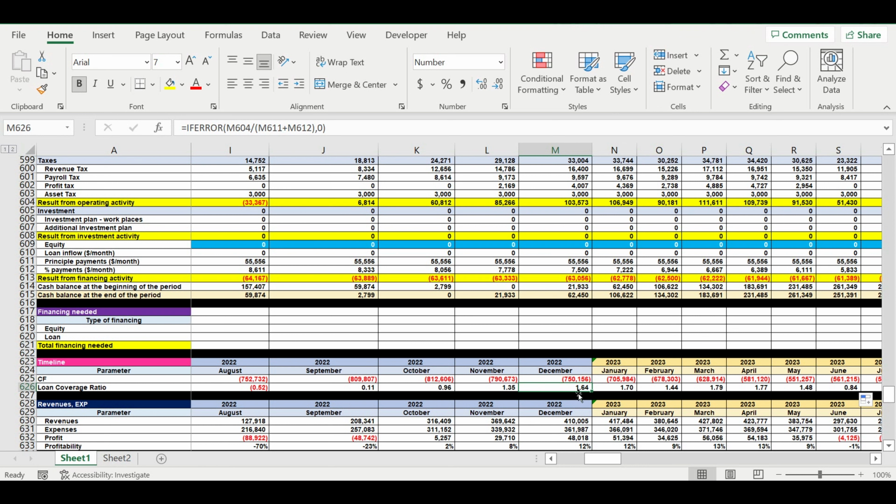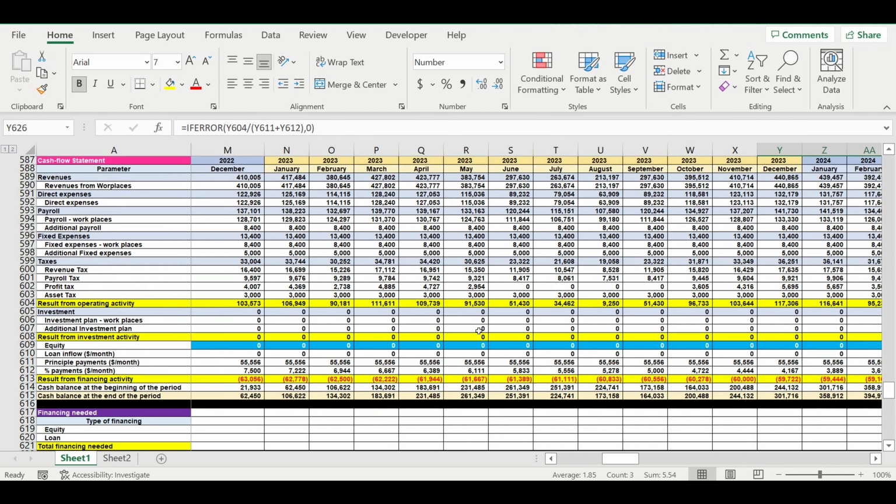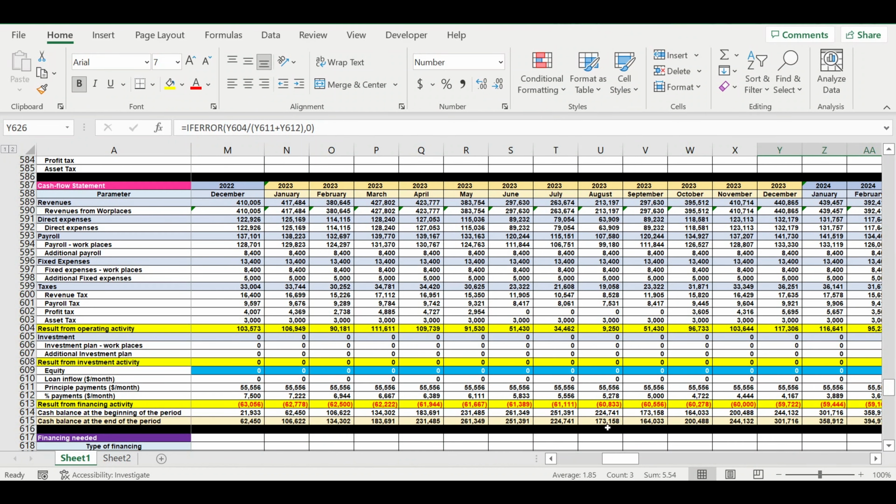You can go from left to right and see that sometimes, because your business idea is seasonal, in some places the loan coverage ratio decreases, then it increases. So you will learn many new things about your business idea while you are looking at the loan coverage ratio and the cash flow statement.